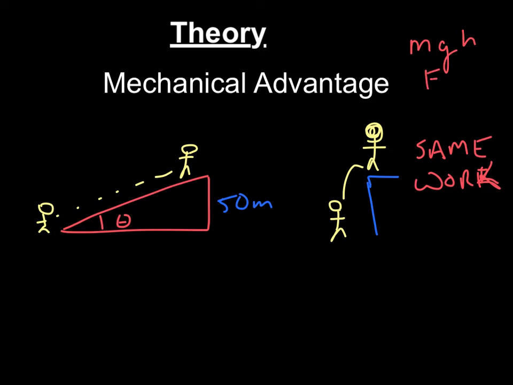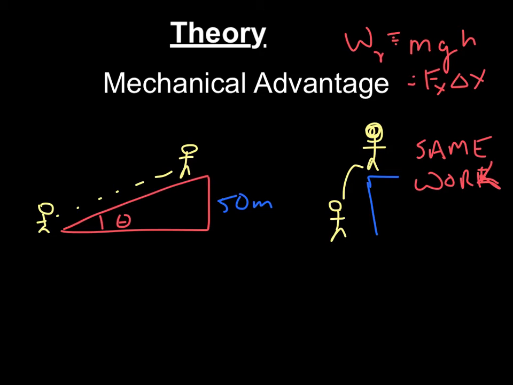That's because this is your force, work against gravity, negative mgh, force times the distance it moves, delta x, make this x component. And in both cases, they went the same height, and they had the same mass, so same force against gravity.